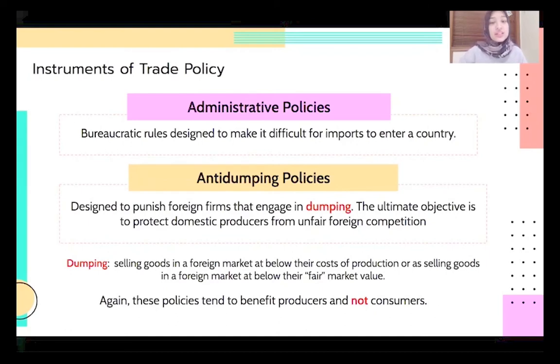So in administrative policy, there is anti-dumping policy. This policy is designed to punish foreign firms that engage in dumping. The ultimate objective is to protect domestic producers from unfair foreign competition. Again, this policy tends to benefit producers, not the consumers.